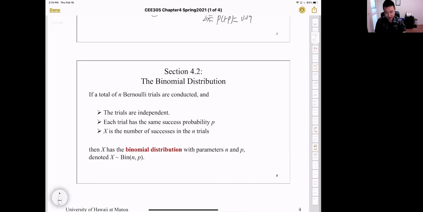All right. So then let's look at the second discrete distribution, which is called the binomial distribution.